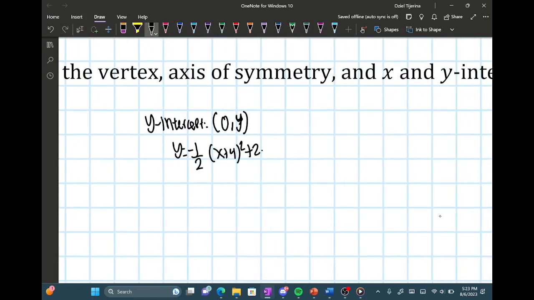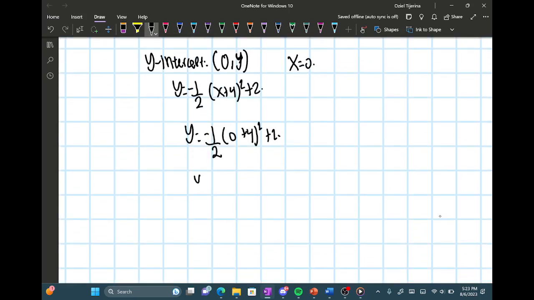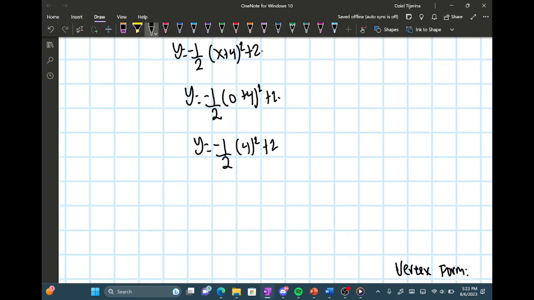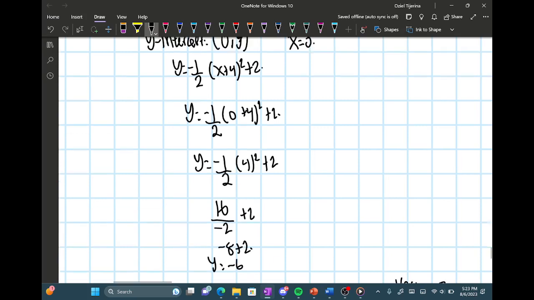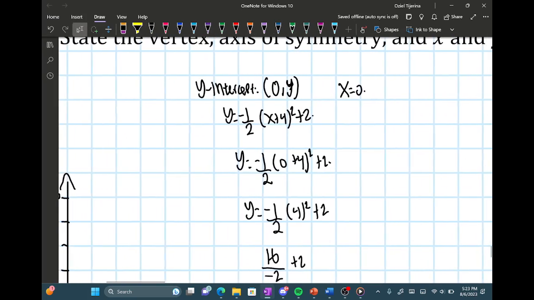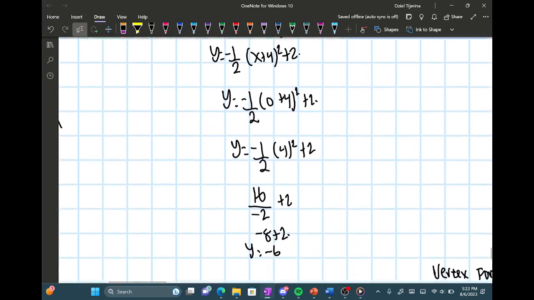When x is equal to 0, we have y equals negative 1/2 times 0 plus 4 quantity squared plus 2. So y equals negative 1/2 times 4 squared plus 2, which is 16 over negative 2 plus 2, which is negative 8 plus 2, and that's going to be negative 6. So when x equals 0, y is equal to negative 6.